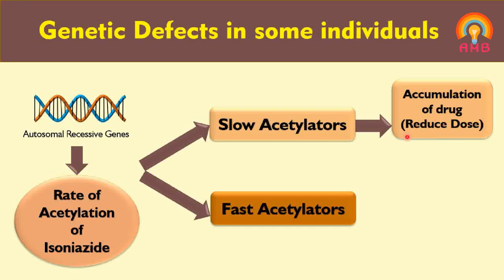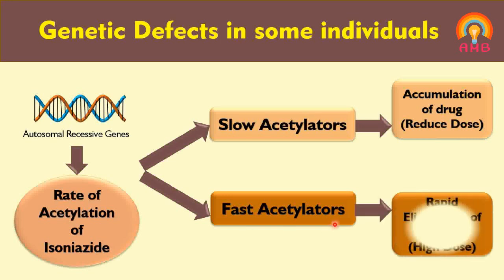Understood? Similarly, if isoniazid is given in fast acetylators, the opposite can happen. Acetylation takes place rapidly, that is, metabolism takes place rapidly, and because of that the drug gets rapidly inactivated and the desired concentration of the drug cannot be achieved in the individual at the site of action.